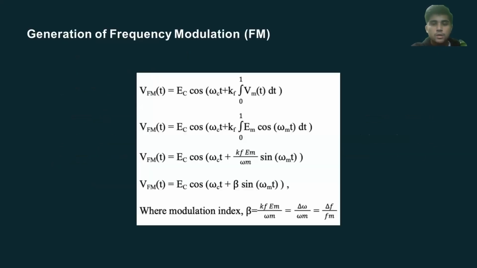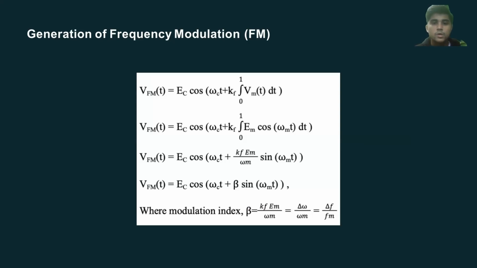So next, this explains more about the generation of frequency modulation, where this is the general equation of frequency modulation, where Ec stands for the carrier signal, cos omega c t stands for the angular frequency of the carrier, plus Kf integral of Vm(t) dt.